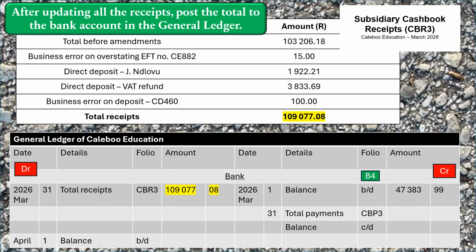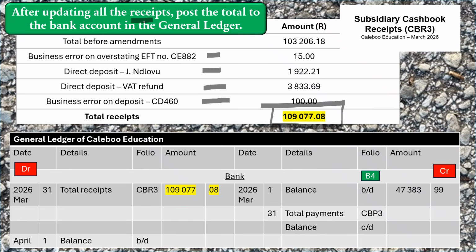Now, after updating all the receipts in our books, we need to take that information and put it into our general ledger bank account. So these items here, we reconciled. Those were receipts that we weren't aware of.